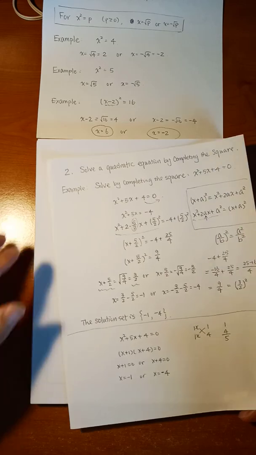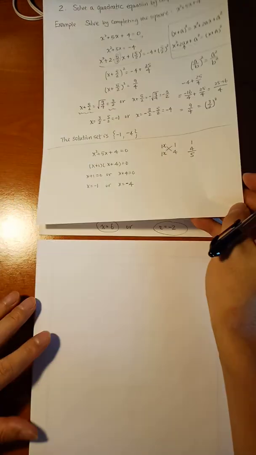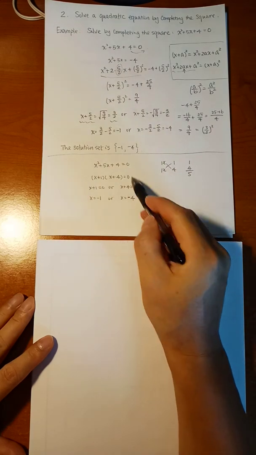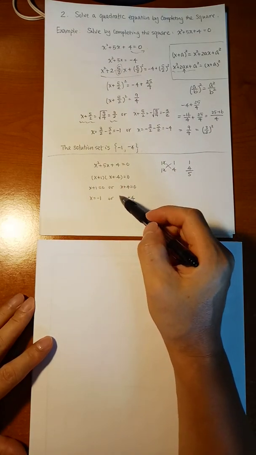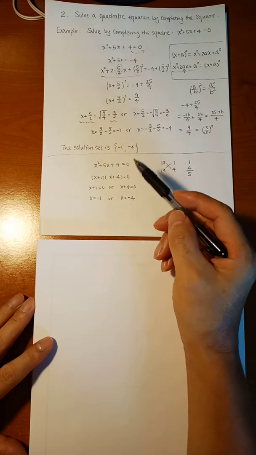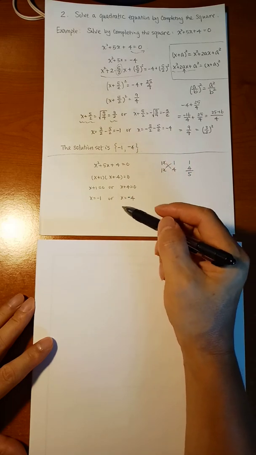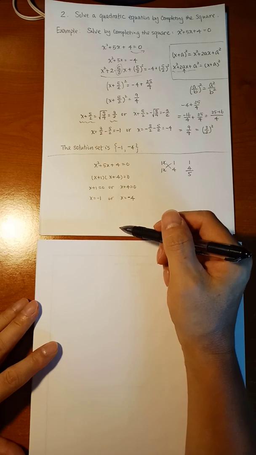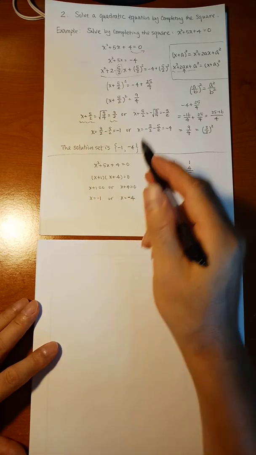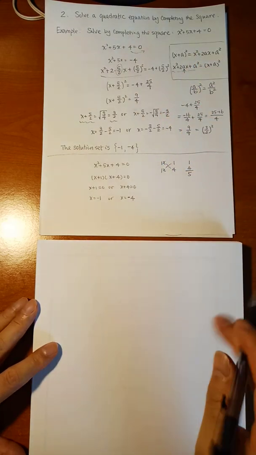Okay, let's continue. In this problem, it seems that the factorization method is much simpler and shorter than the completing square method. But sometimes a quadratic equation may not be able to factor easily. Then you will have to use the completing square method.